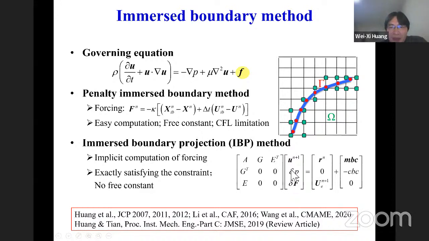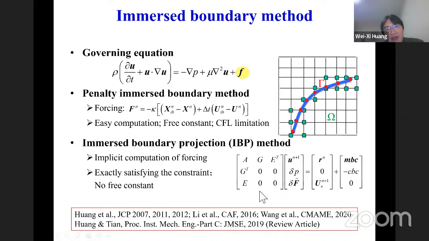Then they can be solved implicitly. But in this way, it's inefficient to solve these two parts together, because the pressure Poisson equation should be modified, and the originally well-developed efficient solver is not available.